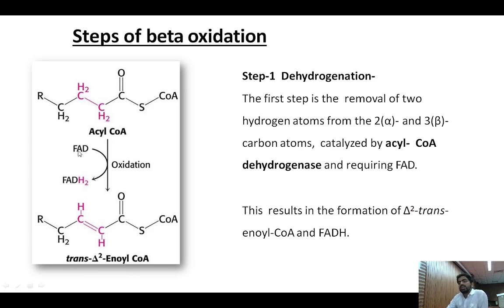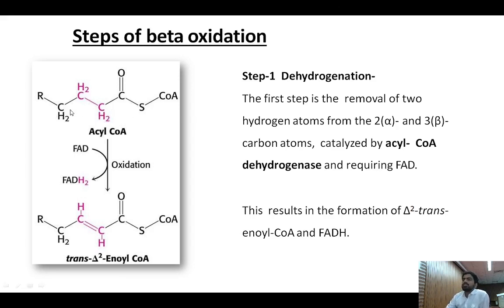The cofactor required is FAD, which is forming FADH2. So if it comes in the exam, you have to write all the four steps. First you have to write the activation, then you have to write transport, then you have to write four steps. Whenever a cycle or any reaction or pathway comes, no need to write in words, you can just write the reaction.